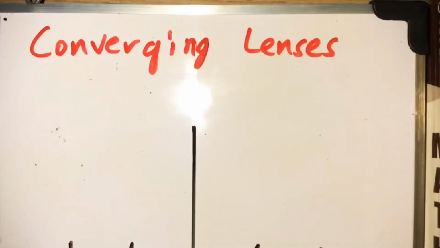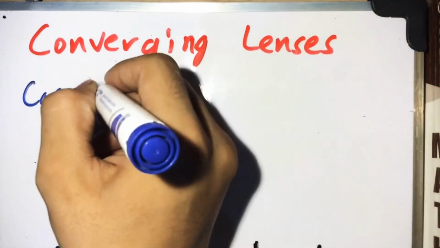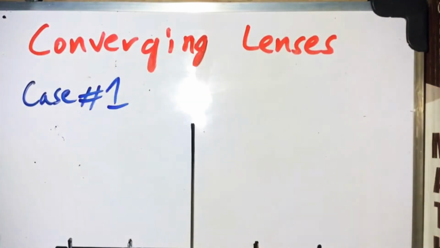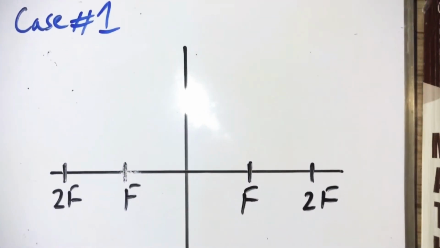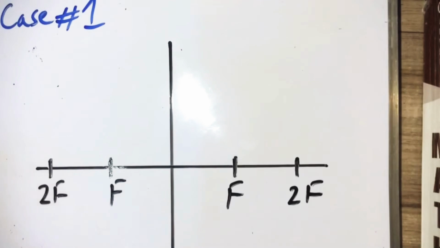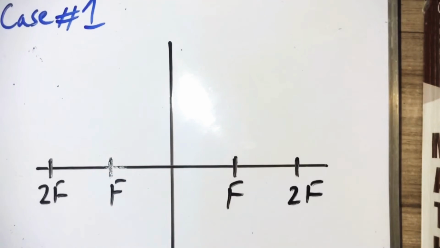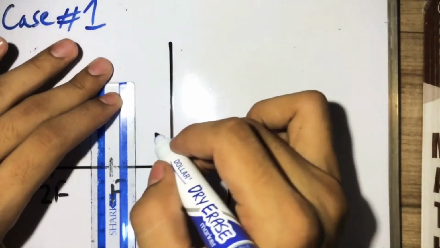Now we're starting the first case of the converging lens. In this case, the object is placed within the focal length. That means between the optical center and the focal point. So for example, the object is over here.